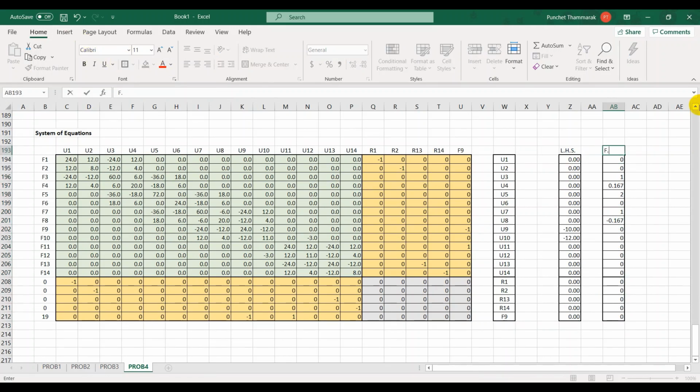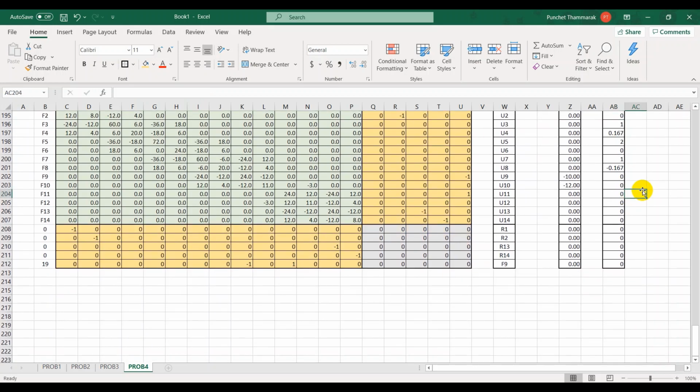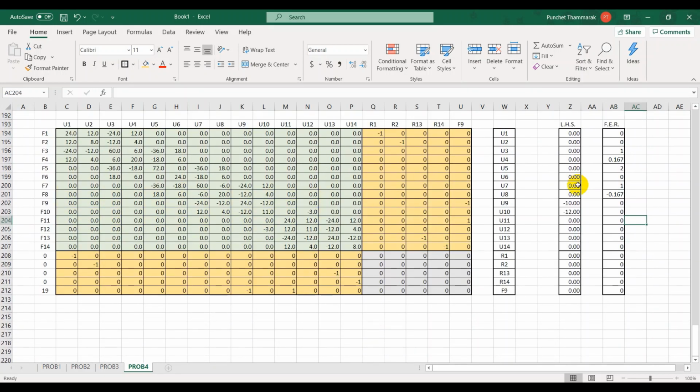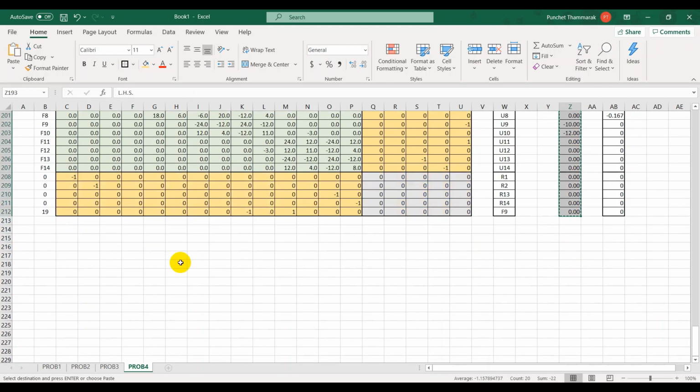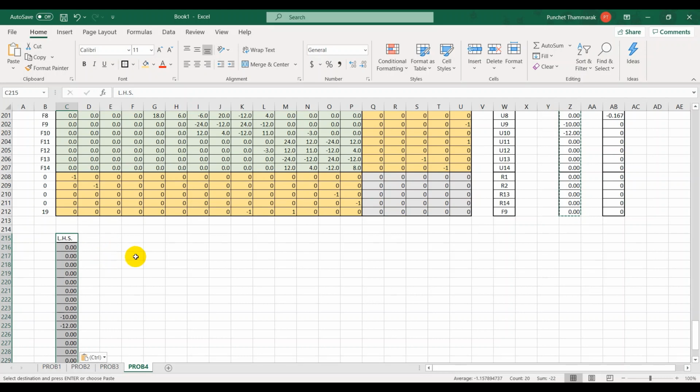So this is the combined fixed end reaction vector. Now I will put it here.